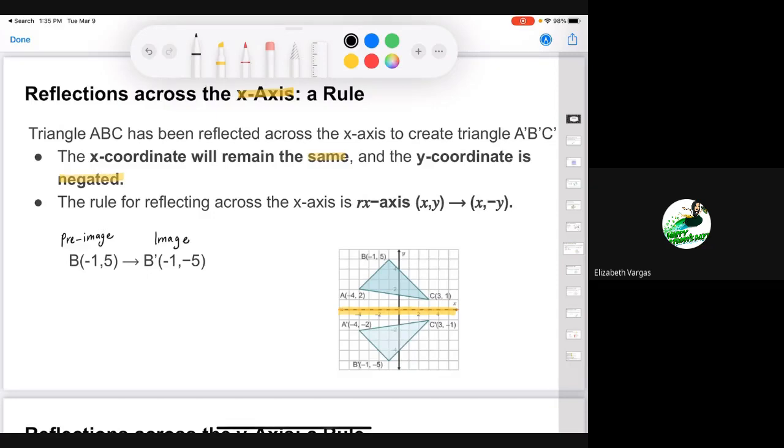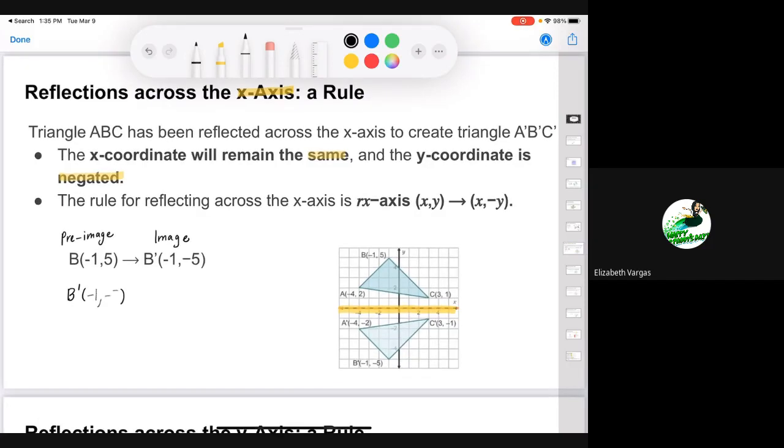So what this rule is basically saying is, let's say, I'm going to map it right here, so B prime. Okay. So I'm going to find out where that coordinate maps after reflection across the x-axis. Well, like it says, my x-coordinate remains the same, so I have -1. And my y-coordinate is negated, so it becomes a -5.